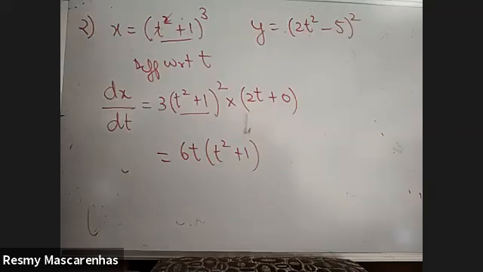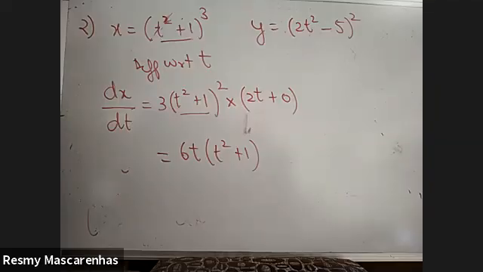You have opened up all the brackets, so wait. Second one, how much did you get? dy by dt, how much did you get? 3t into (t square plus 1) square upon 4t. How did you get such a big answer? The dy upon dx, no?